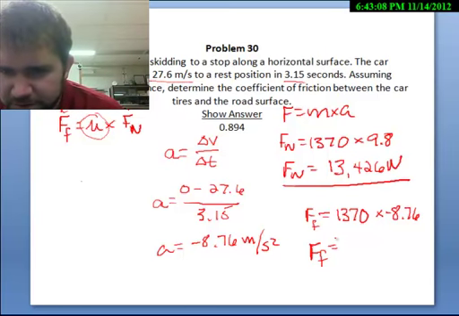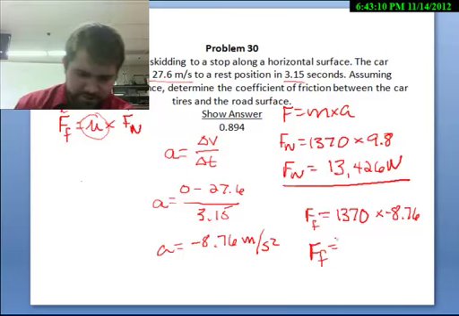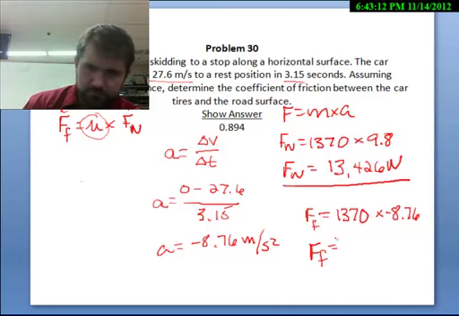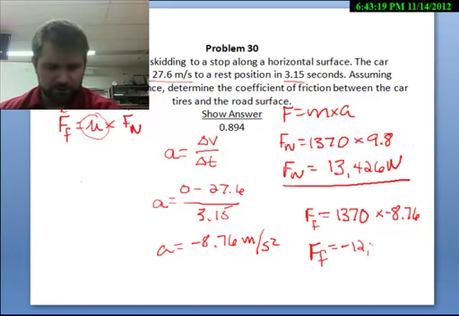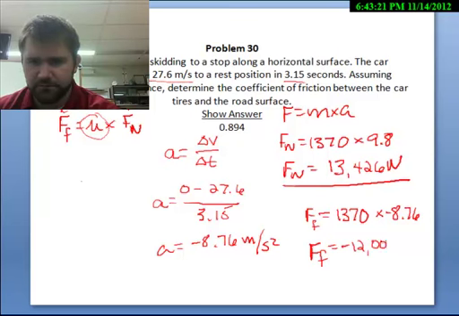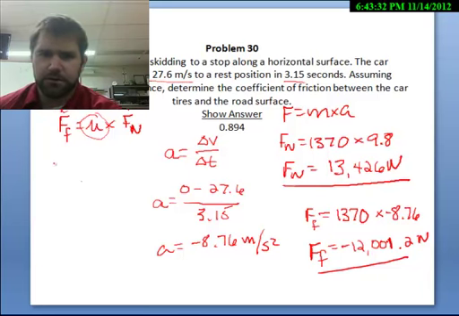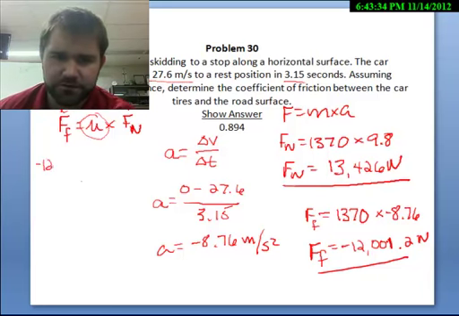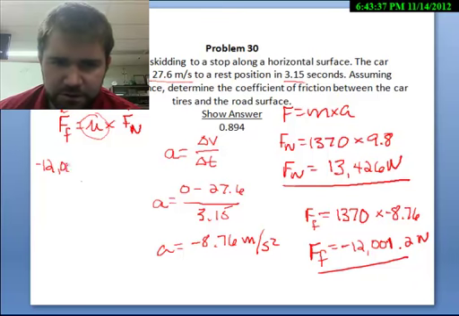Therefore, the force due to friction between the car and the road must be negative 12,001.2 newtons.